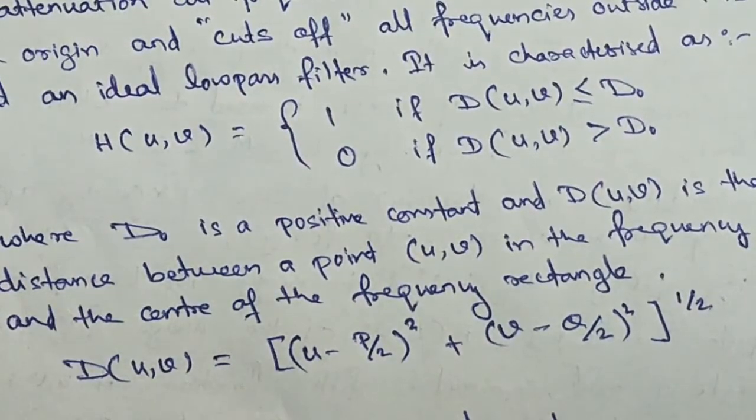So it is basically the Euclidean distance of the point (u,v) from the point (p/2, q/2).